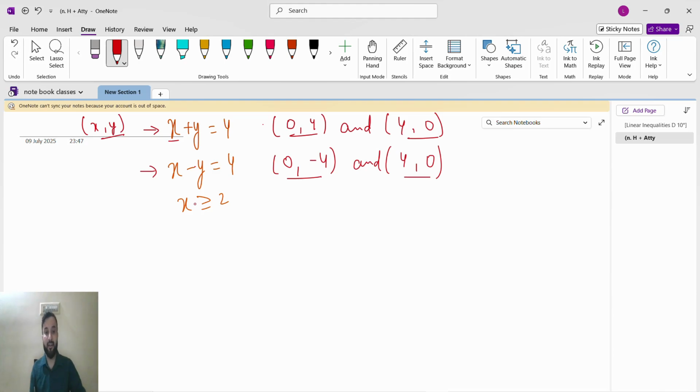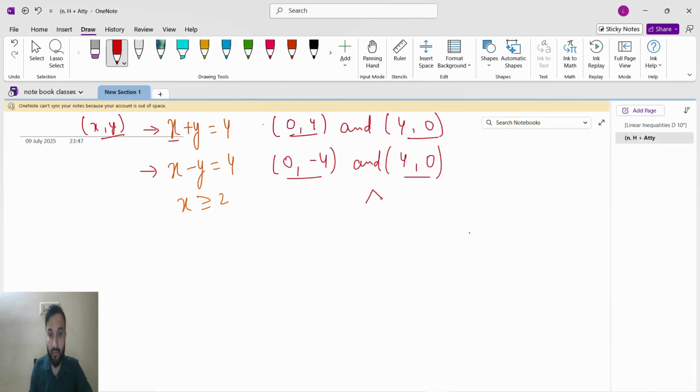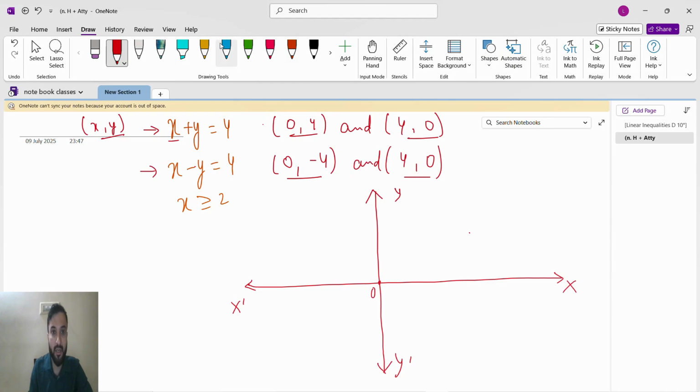Now next is x is greater than or equal to 2. Now we will plot the graph. Normal graph, guys, we don't need anything fancy. This is the positive x-axis, this is the negative x-axis, this is the positive y-axis, this is the negative y-axis, and this is the origin 0. On the x-axis the highest value is 4 and all are positive, so I will write 1, 2, 3, 4.